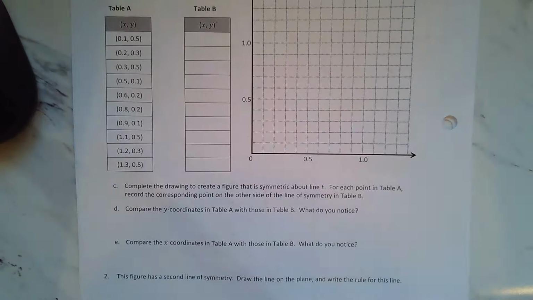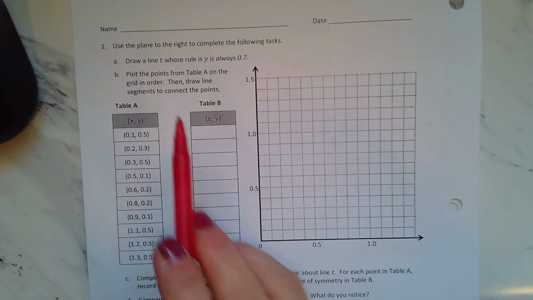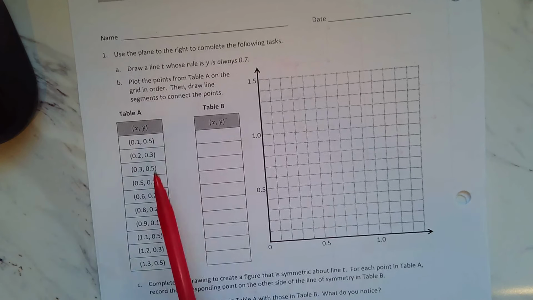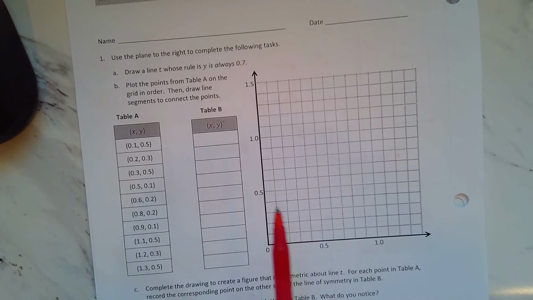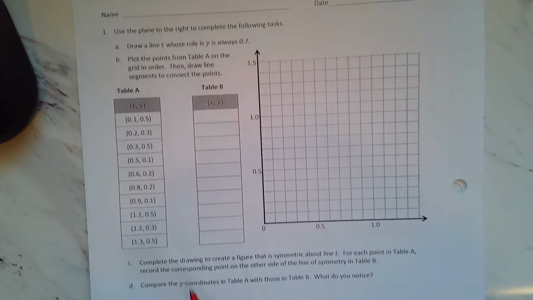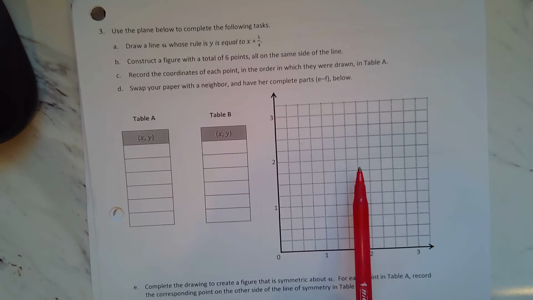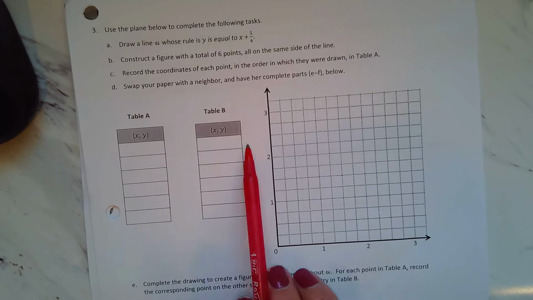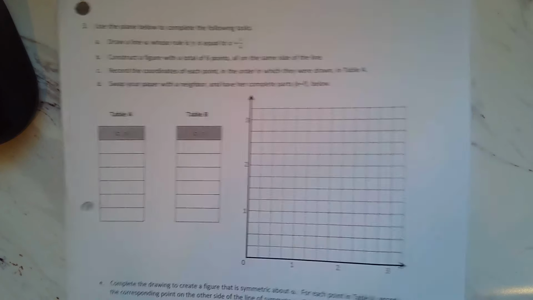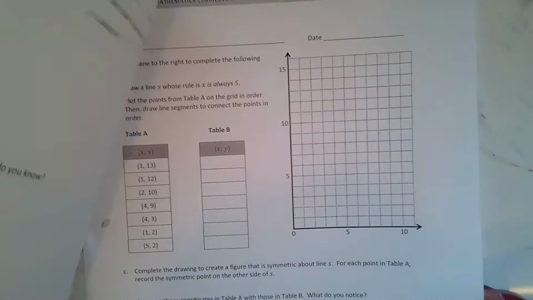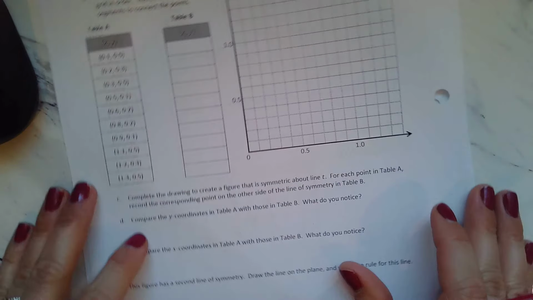Problem number 1, you are going to use the plane to the right to complete the following tasks. Just follow along. You're going to do extremely well at this. And problem 3, you're going to use the plane below to complete the following tasks. Here is your exit ticket, and here is your homework. I think this is going to go well.